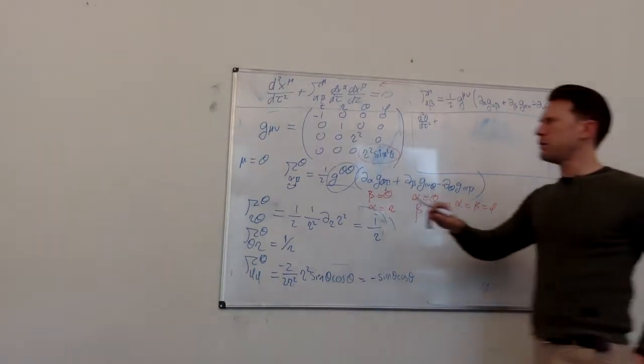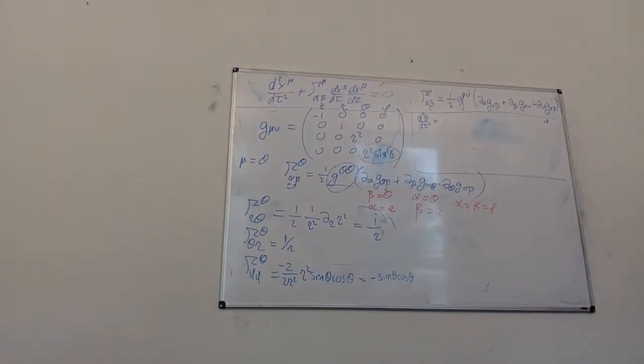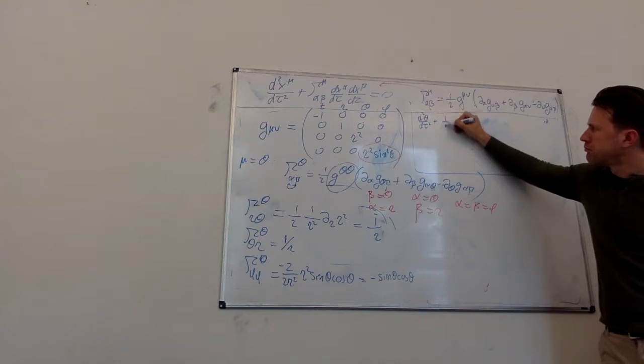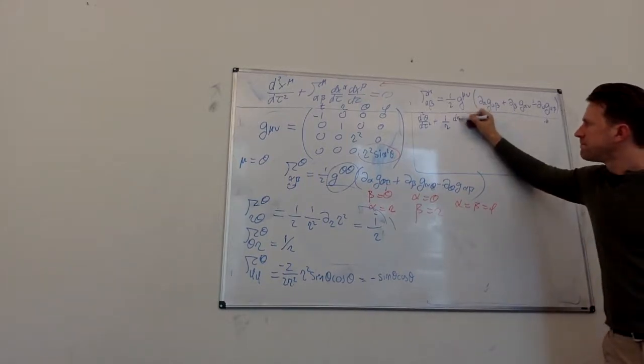I was kind enough to write down this one for you, and you tell me what the rest is. Let's take the first one. Okay, theta. Now what? Now it's when alpha equals r and beta equals theta. Yes. So we need dx r by d tau, dx theta by d tau.